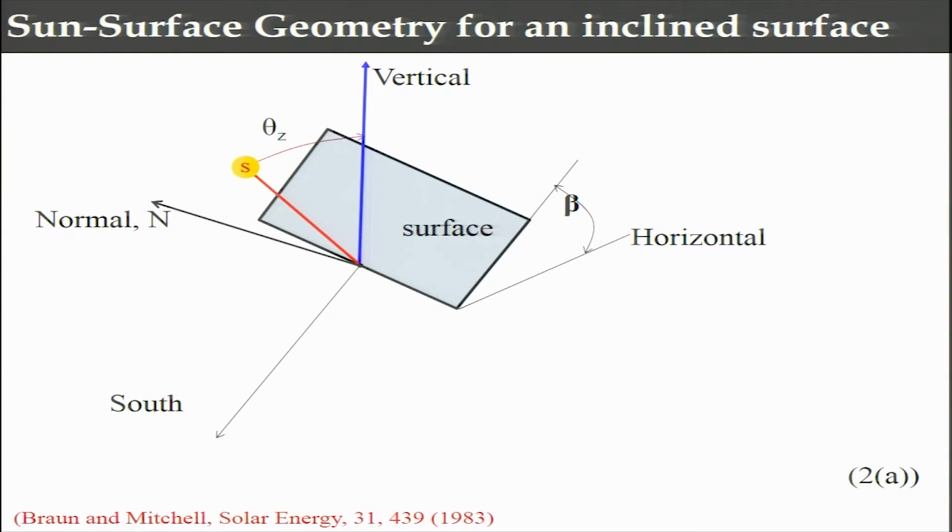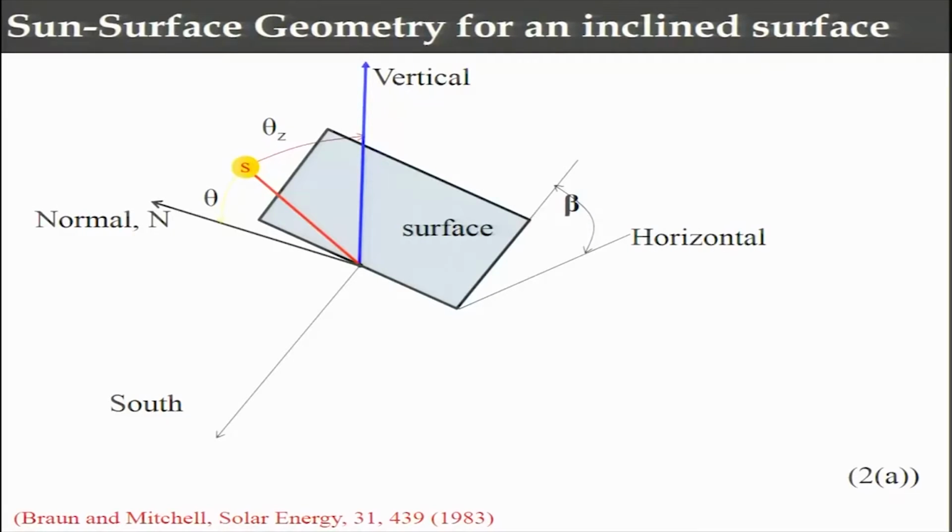The normal to the surface doesn't necessarily mean the sun beam; you can have a normal at a different angle. The angle between the normal to the surface and the sun is theta, and this is what we are interested in calculating: the angle between the sun beam and the normal to the surface.